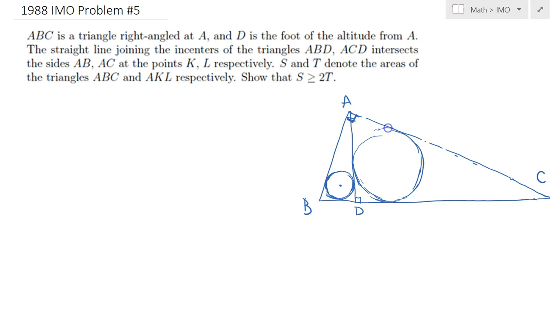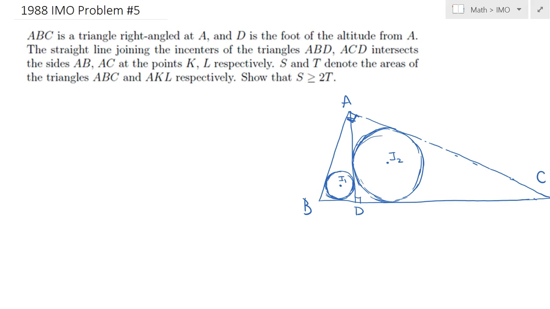I don't want to try to be very accurate here, and that would be the point I2 maybe, I1 and I2 if you will, I sub 1 and I sub 2, and the question is asking for joining these two centers of these two incircles and then figuring out some area relationship.